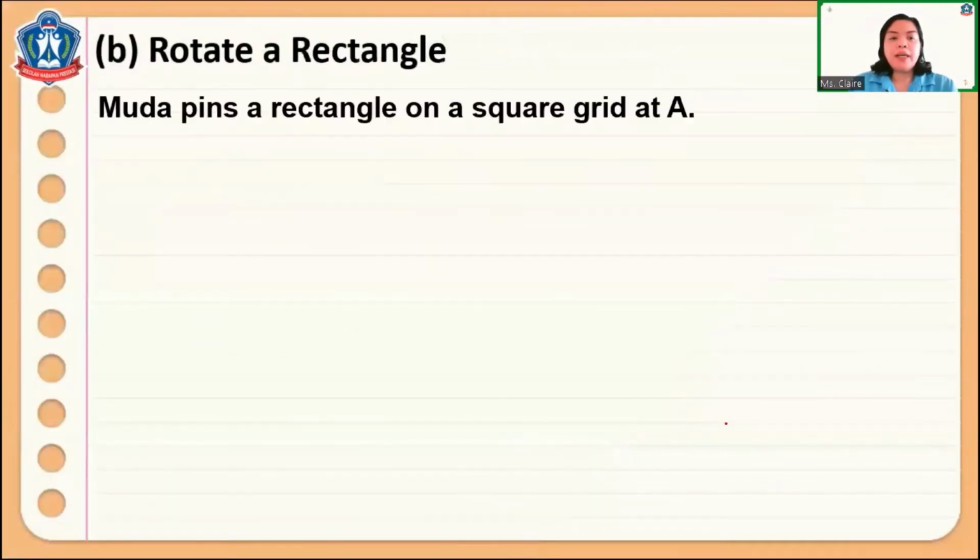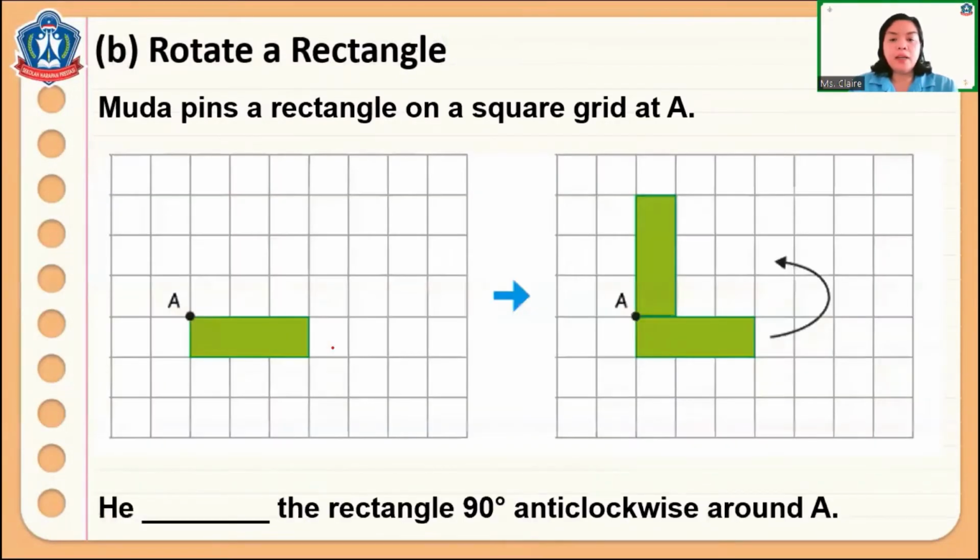Okay, rotate a rectangle on a square grid at A. Take a look here. So look at the rectangle, children. The position of the rectangle is horizontal. Okay, he rotates the rectangle from this position. He rotates it, pins it on this side, the opposite direction of clockwise.